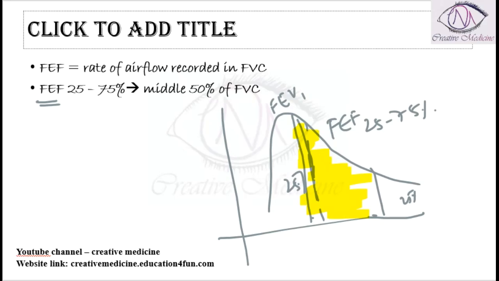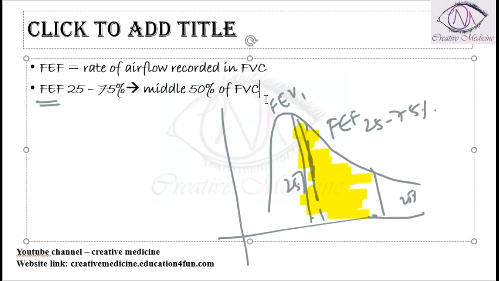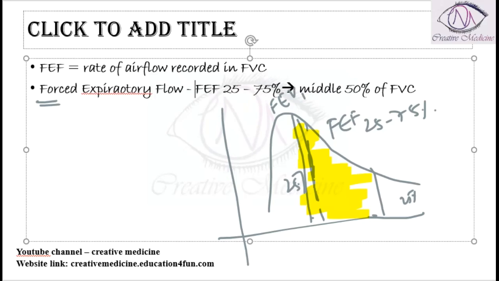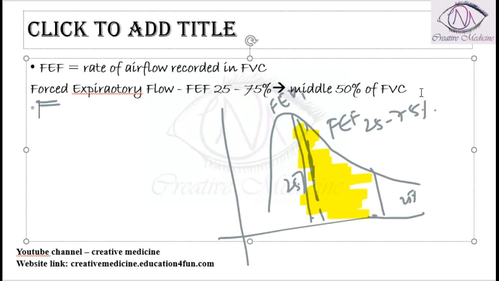So what is the use of this? This forced expiratory flow between 25 to 75% is actually important in measuring small airway disease. It is very sensitive in measuring small airway narrowing, more than forced expiratory volume in 1 second.